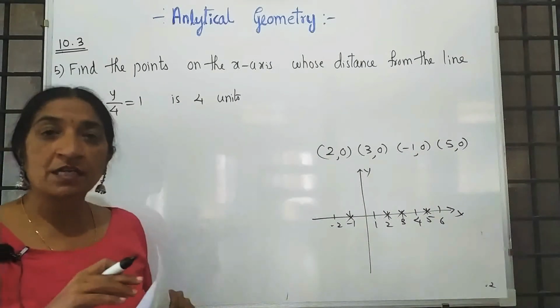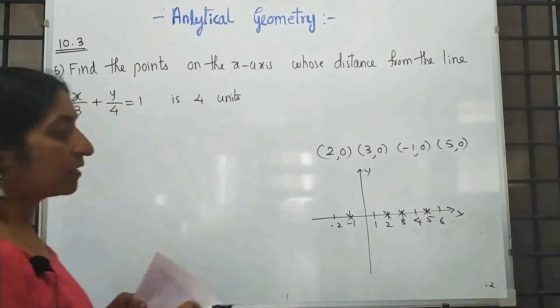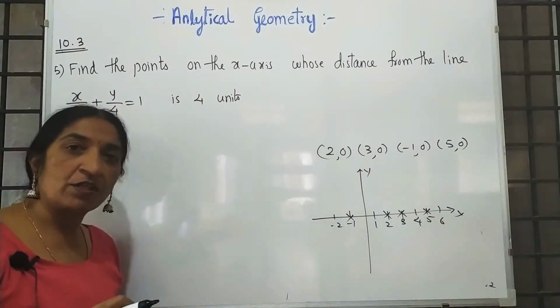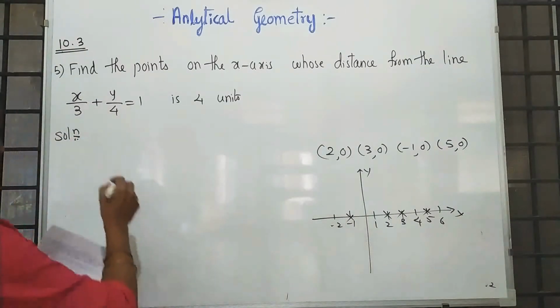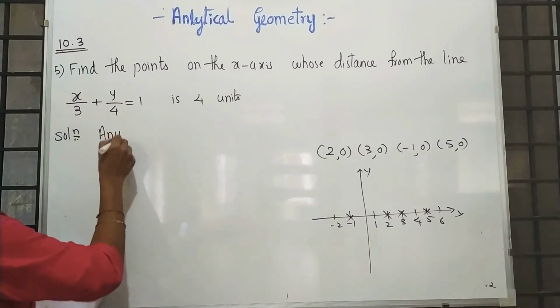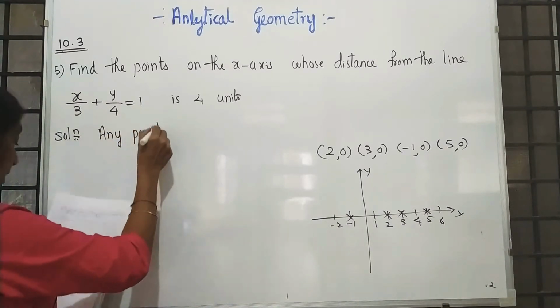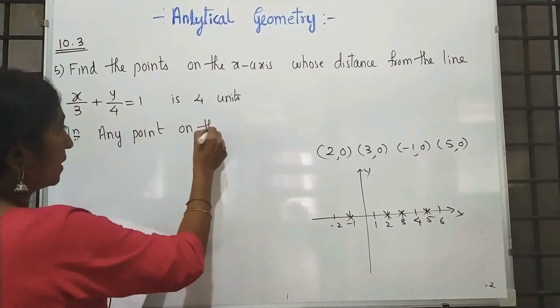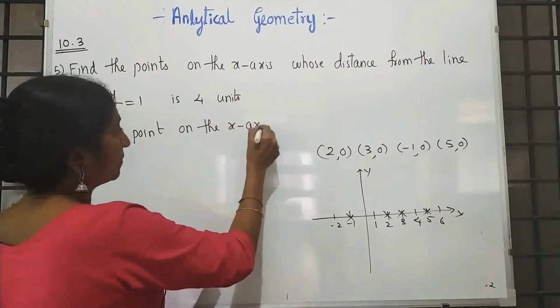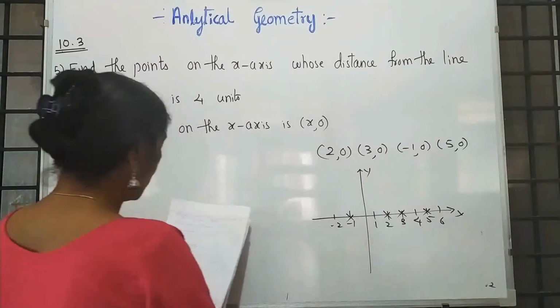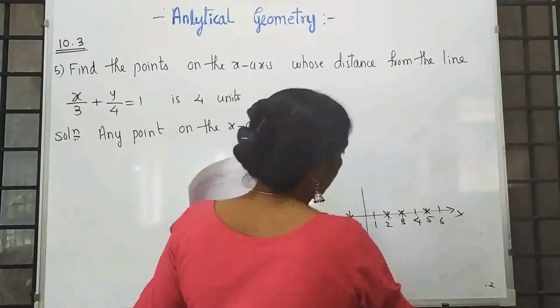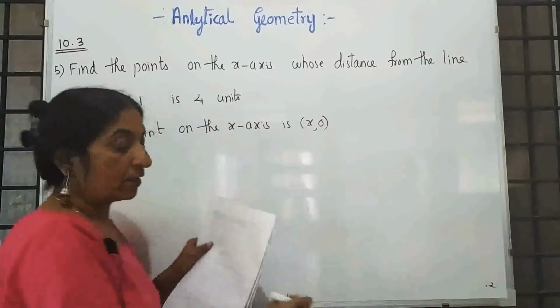All the points come on the x-axis. That means if you mark any point on the x-axis, then the y value will be 0. So generally how do you write any point on the x-axis? It is x, 0.